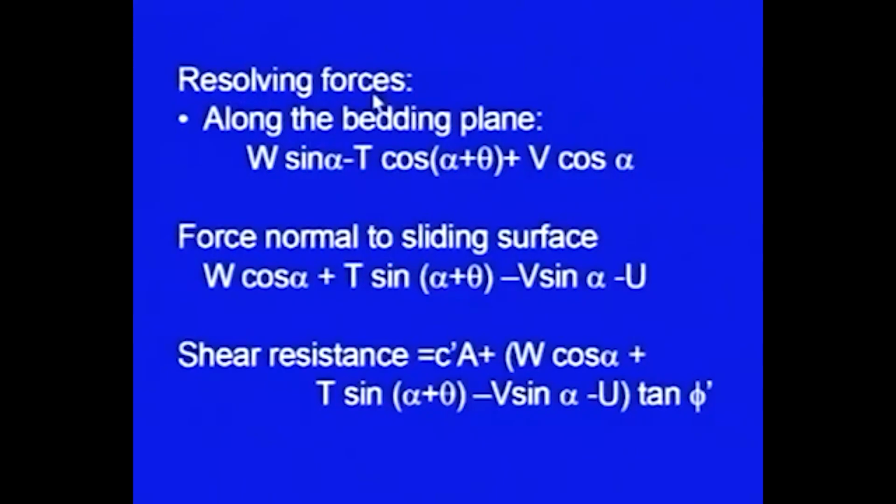So, resolving the forces along the bedding plane, similar to previous cases, weight of component will be W sin alpha, the component of the water pressure in the tension crack will be V cos alpha, and the component of the tension which is there in the anchor will be T cos of alpha plus theta.